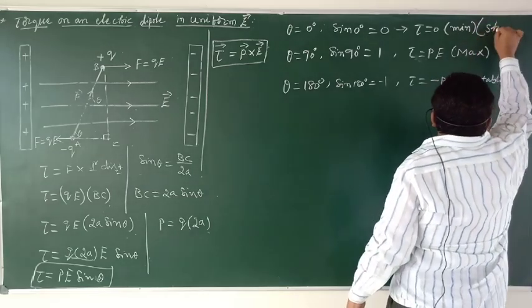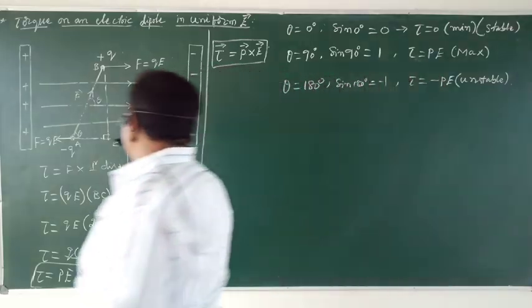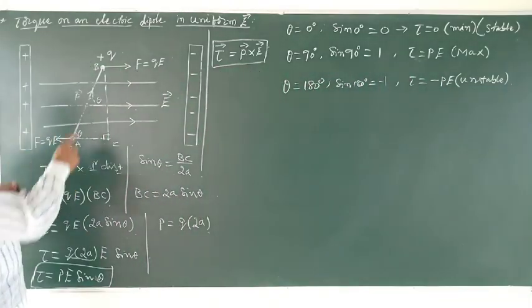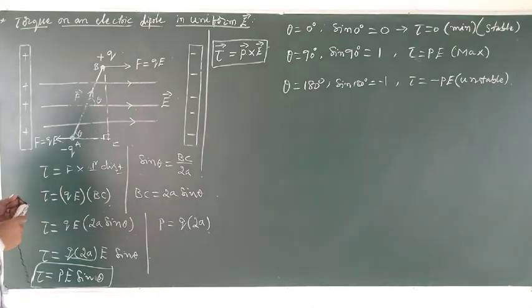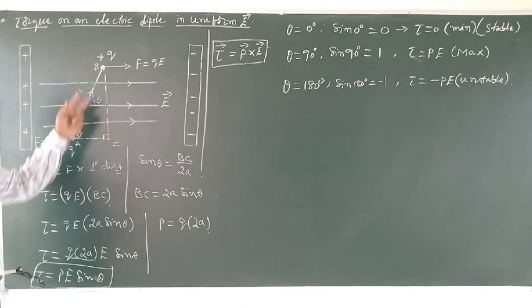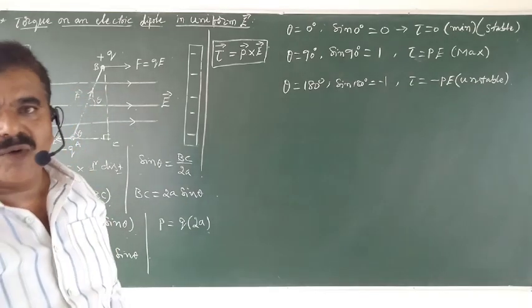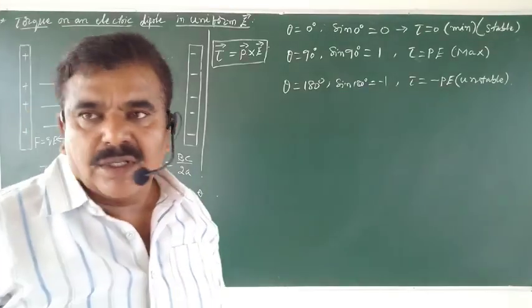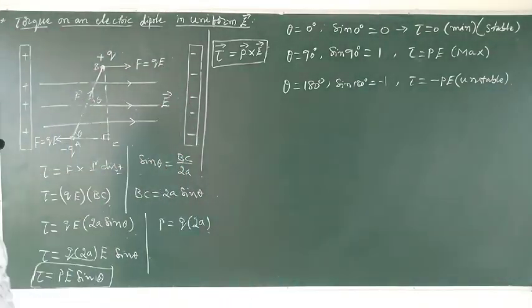This is stable equilibrium position, because at stable equilibrium, these two forces are equal and opposite. Net torque is 0. Okay? So I hope you have understood about torque, when torque is maximum, when torque is minimum, and all those things.